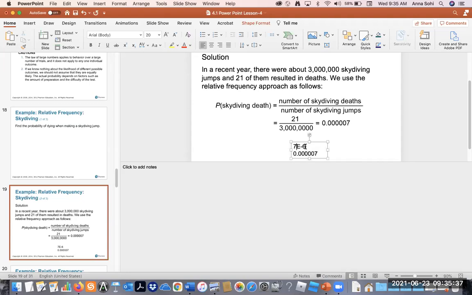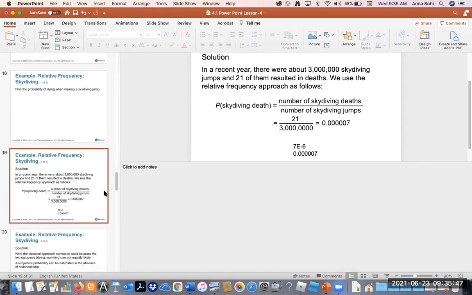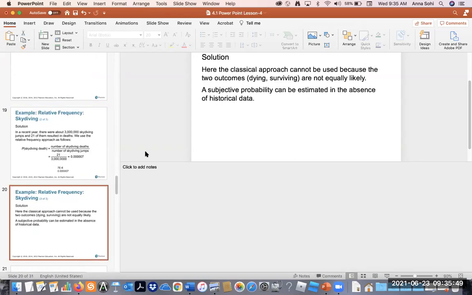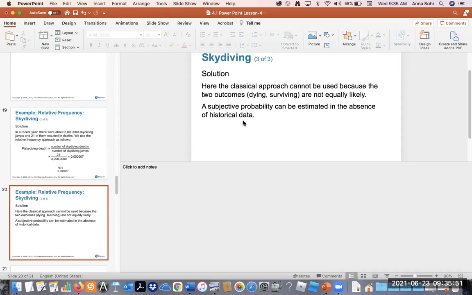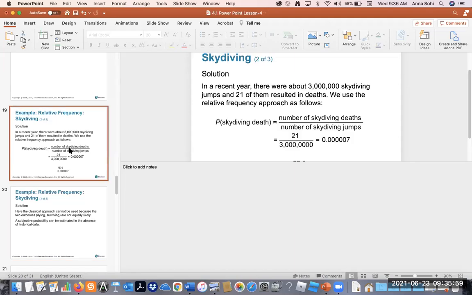If that was e to power negative 10, that means 9 zeros before 7. So just reading the calculator is also important. And that's very unlikely to happen.